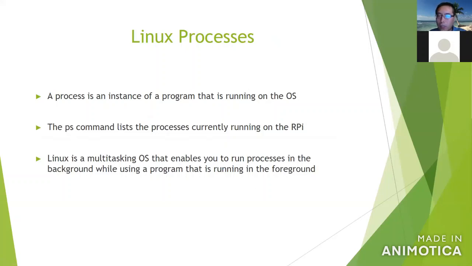When you type in PS, you can list all the currently executing processes. Linux is a multitasking operating system that enables you to run processes in the background while using a program that is running in the foreground. By typing an &, you put your process into the background.